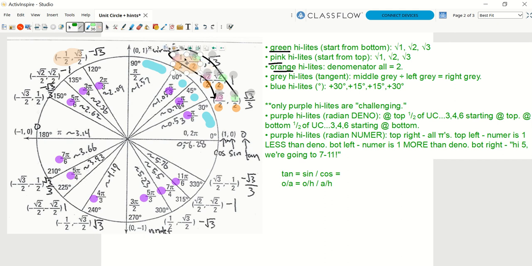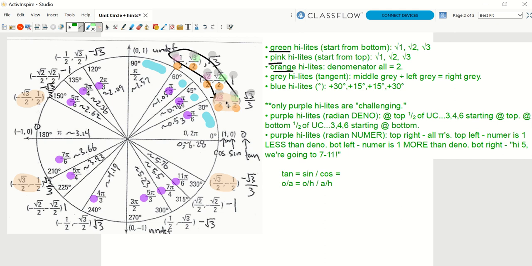All these are going to be reflections starting from the first quadrant, and you just reflect it.